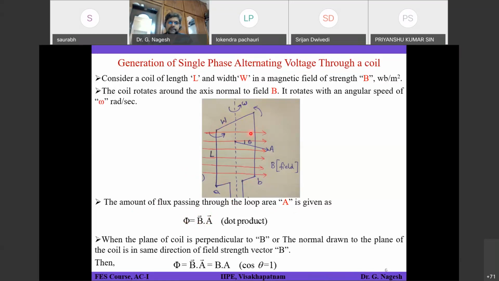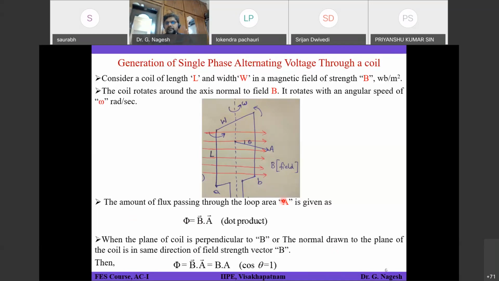And the plane of the coil is perpendicular to B. So I am considering an instant of time t equals 0 where the coil is exactly perpendicular to the flux coming from left to right.